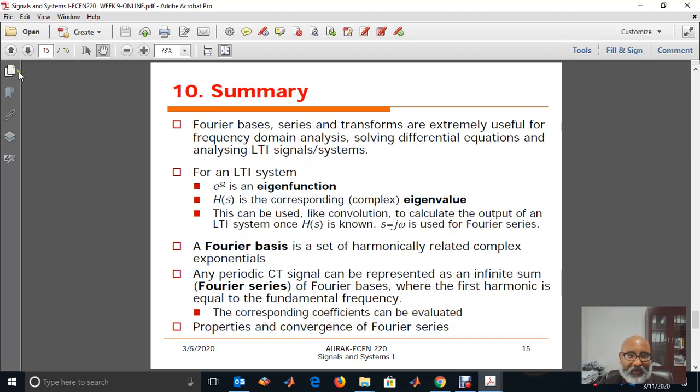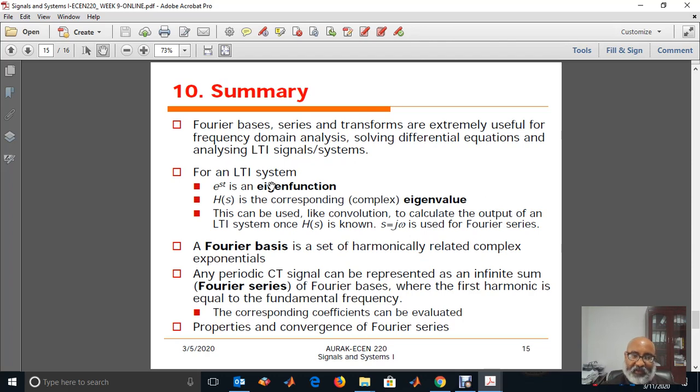So in summary, in this chapter, we studied the Fourier series representation of periodic signals. That means how we find the aks. First of all, Fourier series changes from the time domain to the frequency domain. For what kind of signals? Periodic signals. And how do we calculate the aks?